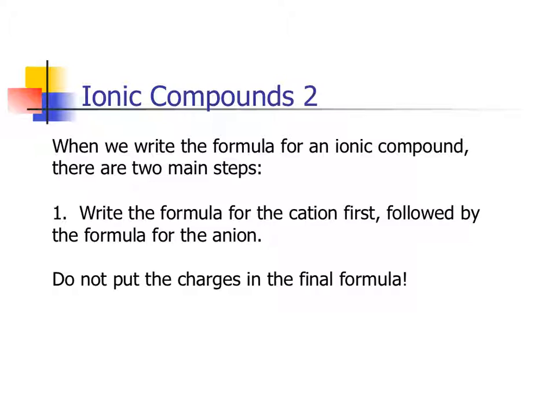That's usually the metal, followed by the formula for the anion, which is usually the non-metal. It's like, give me my positive information first before you find out the negative. One big thing we need to make sure we understand is that we do not put charges in the final formula.